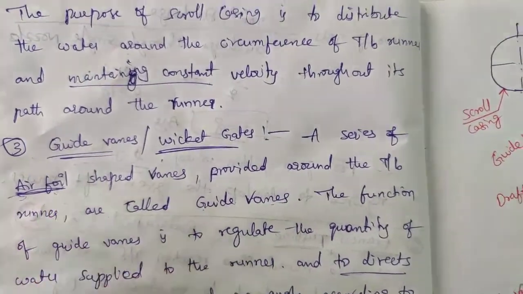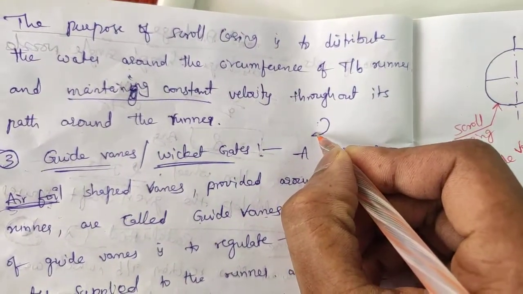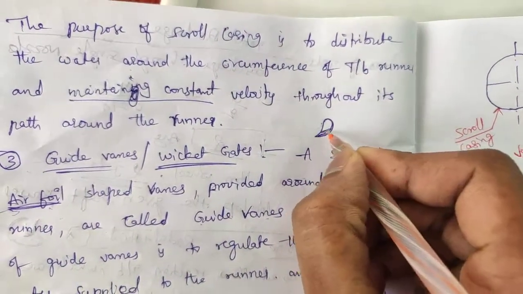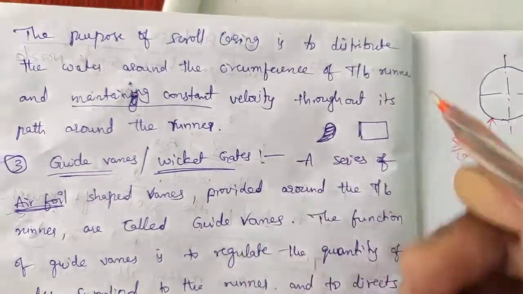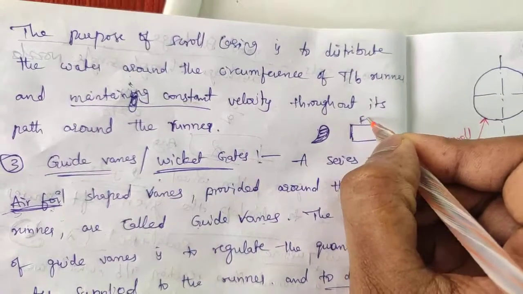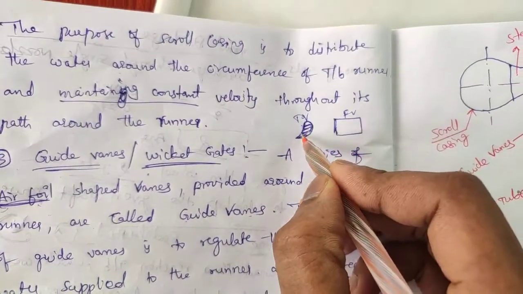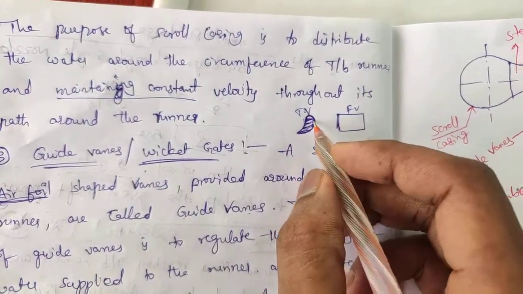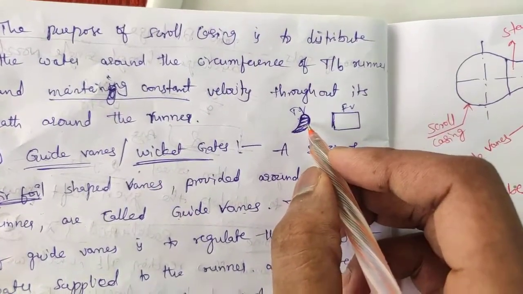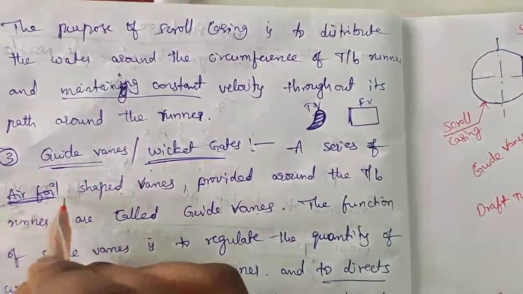What is meant by airfoil? Airfoil means this is the front view, this is the top view. This design is normally called aerodynamic shape or airfoil shape. Aerodynamic shape or airfoil shape.